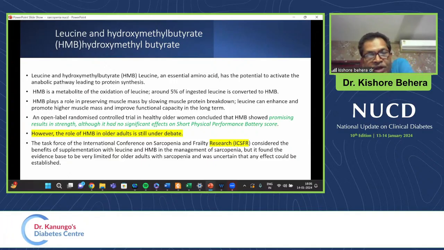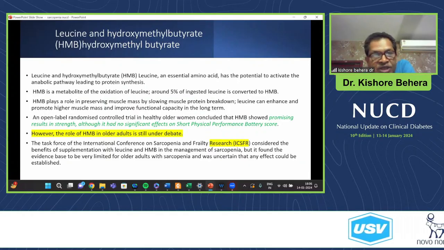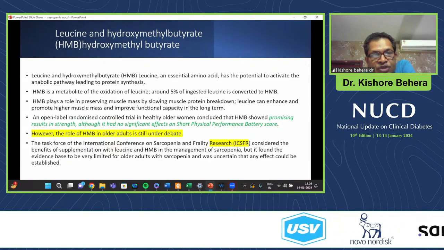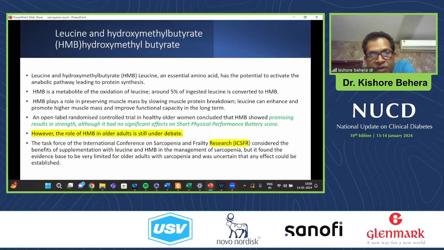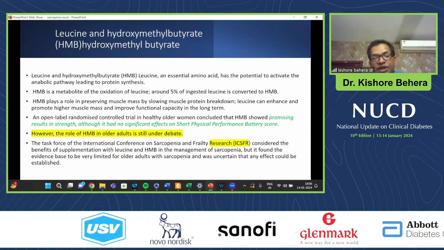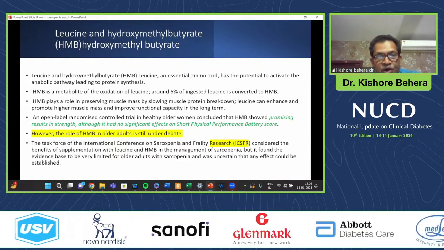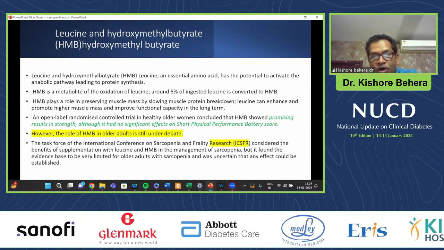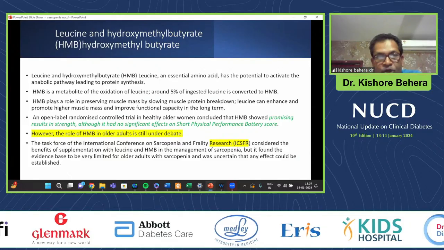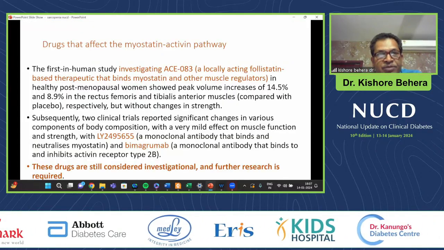An open label randomized controlled trial in healthy older women concluded that if we give this, there is a promising result in strength, although it has no significant effect on the short physical performance battery score. But its therapy in older adults is still not clear, so they have not recommended this medicine for sarcopenic older patients.